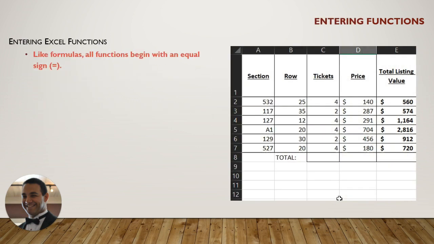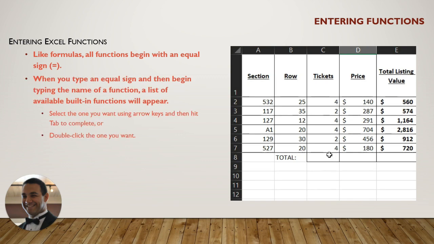Just like formulas, all functions begin with an equal sign. When you type an equal sign and then begin typing the name of a function, a list of available built-in functions will appear, sort of as an auto-suggest list. You can select the one you want to use by using the arrow keys and then hitting Tab to complete, or you can just double click the one you want with your mouse.